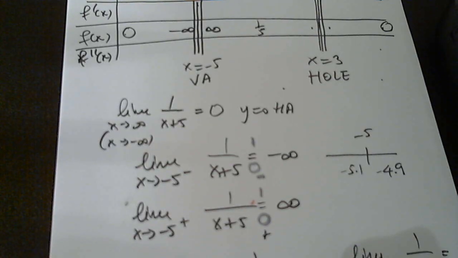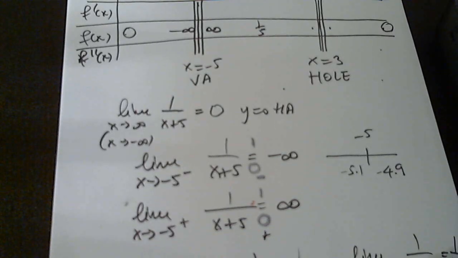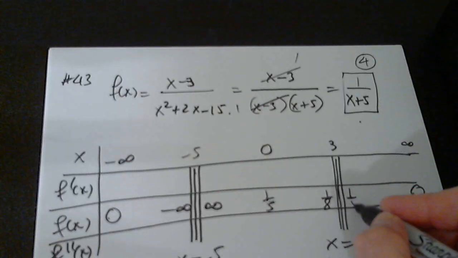When we plug in 3, we get? Please, anybody? 1 over 8. That's it. There is no undefined situation. That's all I need to write. 1 over 8 and 1 over 8.